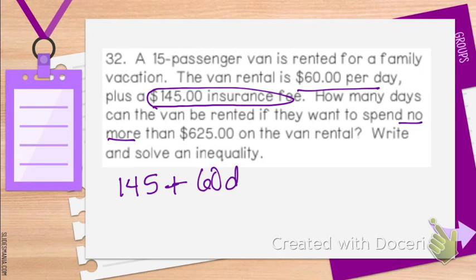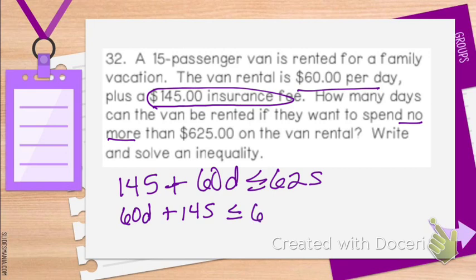Okay, another way of saying that mathematically would be less than or equal to $625. Oops, that's not a 6 at all. All right, so 145 plus $60 per day would be less than or equal to 625. Now, in your mind, you could have written it also 60 times days plus 145 is less than or equal to 625. They're both the same thing. All right, now solve it.